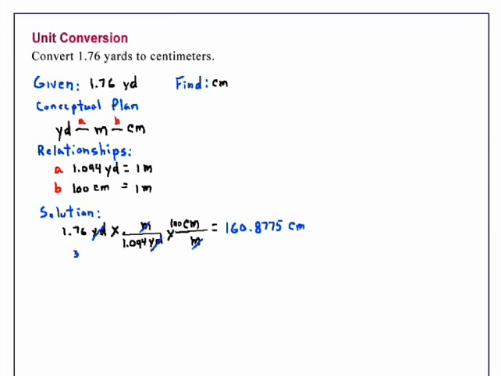So we are limited to 3 significant figures in our answer. That would be 1, 2, 3. So we're going to round our answer here, which gives us a final answer of 161 centimeters.